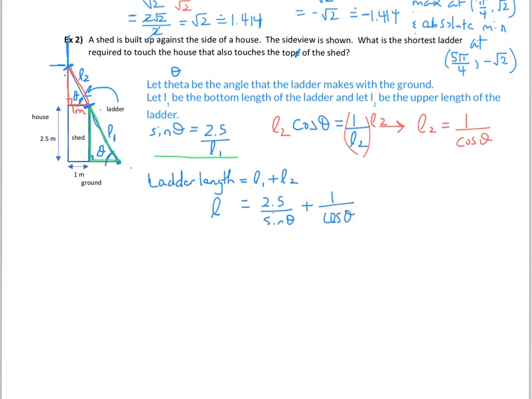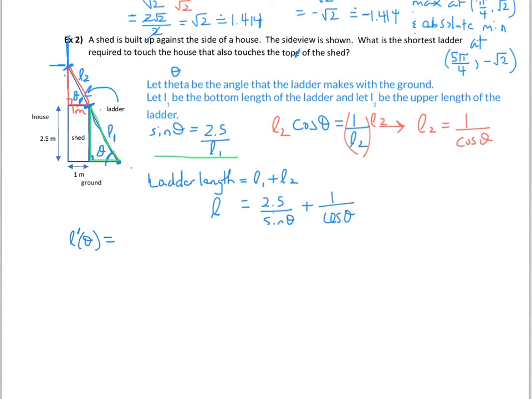At this point, we are ready to take our derivative of the function. So I'm going to start over here just to give myself some room, and hopefully I can make this fit. So our L prime at theta, which is an independent variable here. I'm going to look at this as two separate pieces. So the 2.5 over sine theta, I'm going to treat that with the quotient rule.